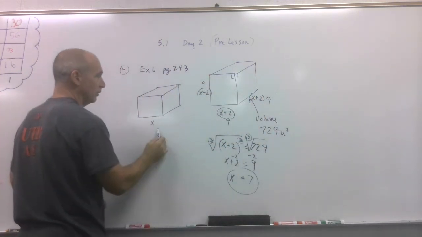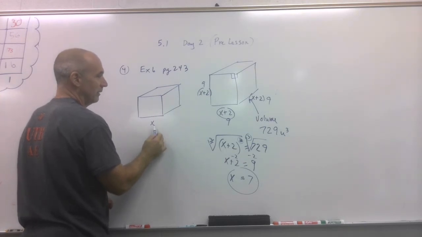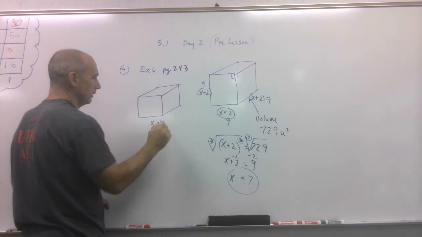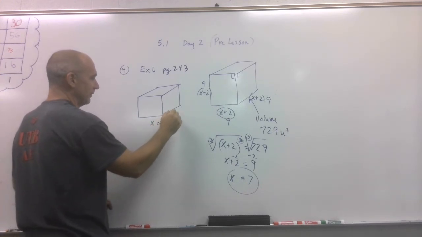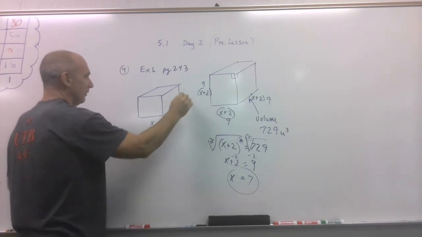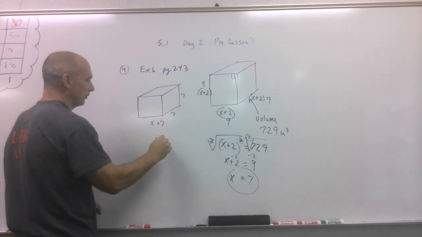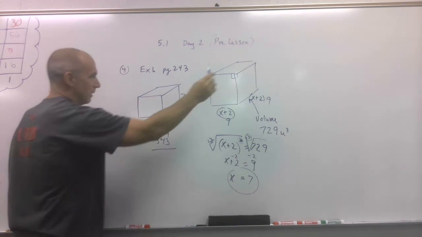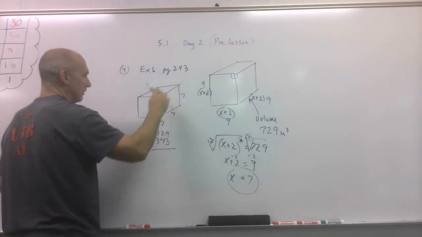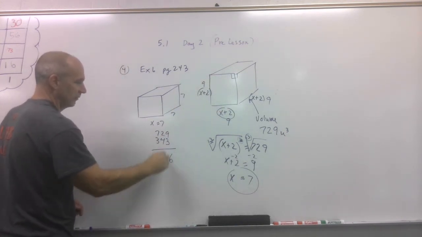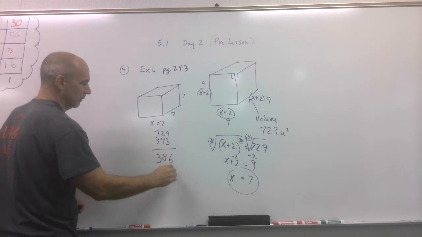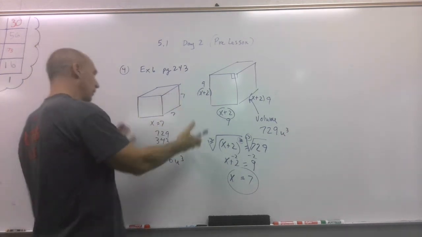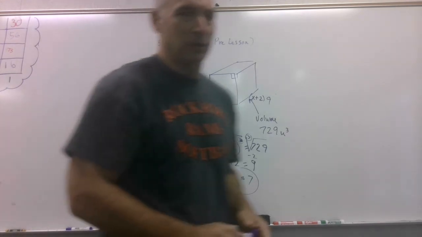But this one would be 2 less, so this would have to be 7. And so we know that this is 7, 7, 7. 7 times 7 times 7 is 343. So if I subtract my smaller volume from my big volume, 729 minus 343, I get 386. So 386 cubic units would just spill over. So that's kind of a fun little math problem.